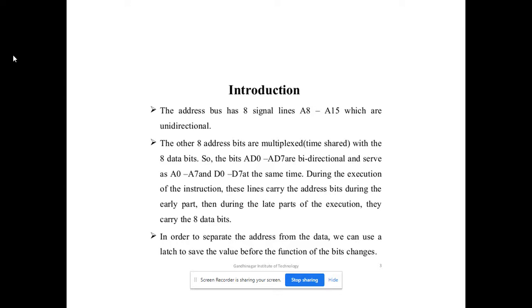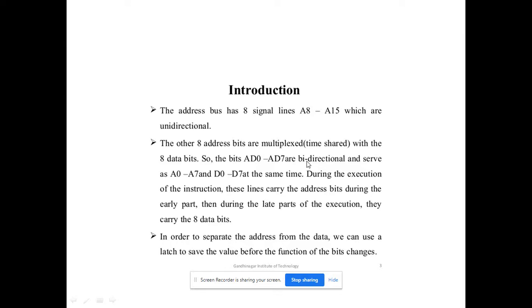The address bus ranges from A0 to A15 and the data bus is from D0 to D7. The address lines A0 to A7 are multiplexed with data lines D0 to D7 and are called AD0 to AD7. This bus is bidirectional.